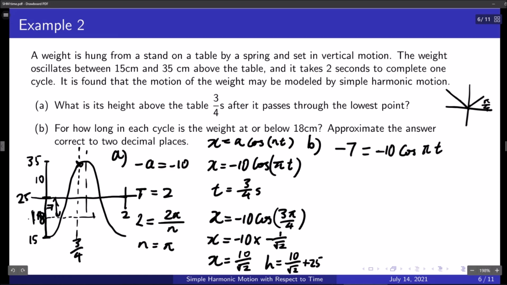And we have to solve for t, because this will give us the t positions where the whole thing equals negative 7, where x equals negative 7.